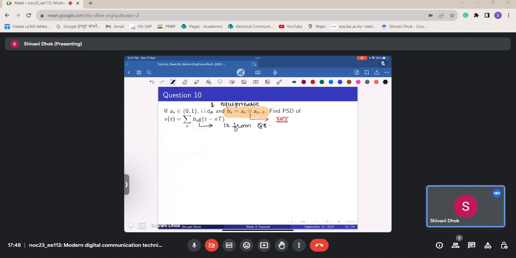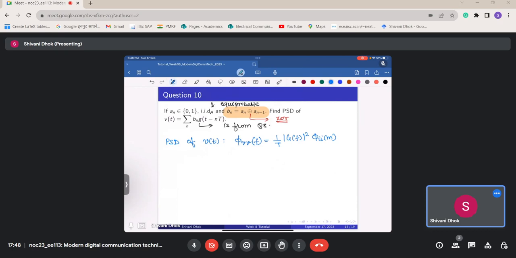Okay, so we know that the PSD of Vt is simply phi VV of f, which is 1 by T magnitude of Gf square multiplied by phi I of f.